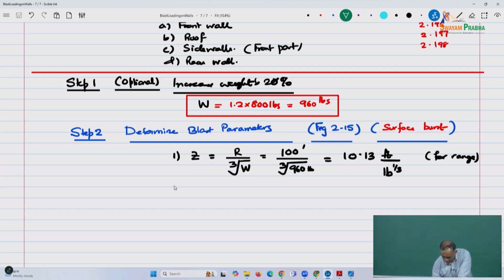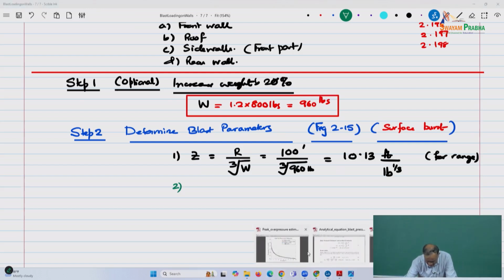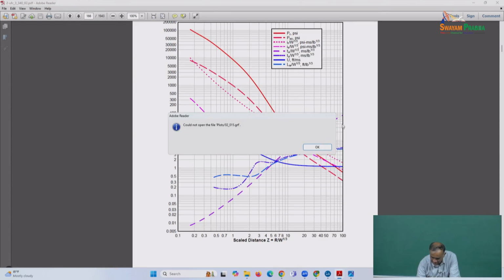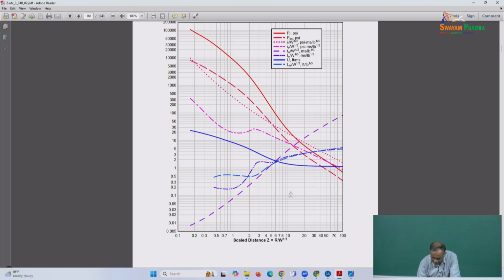So I can pull that up, for example. Let's just have a look at it so that you're familiar with it. So if you see, I don't think I can write, but Z is, okay, Z is somewhere here. So you have your side-on pressures somewhere at Z of 10.